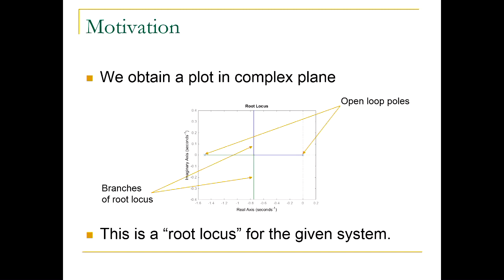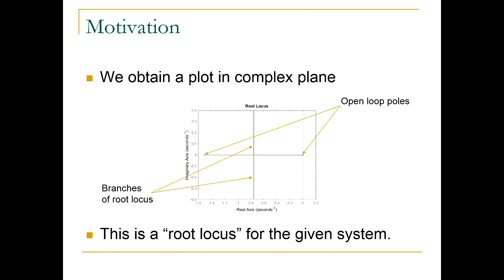So what you see here is called the root locus for this example. The blue and green parts of the root locus are called branches of the root locus. Why? Because each branch corresponds to one pole of the closed loop system.